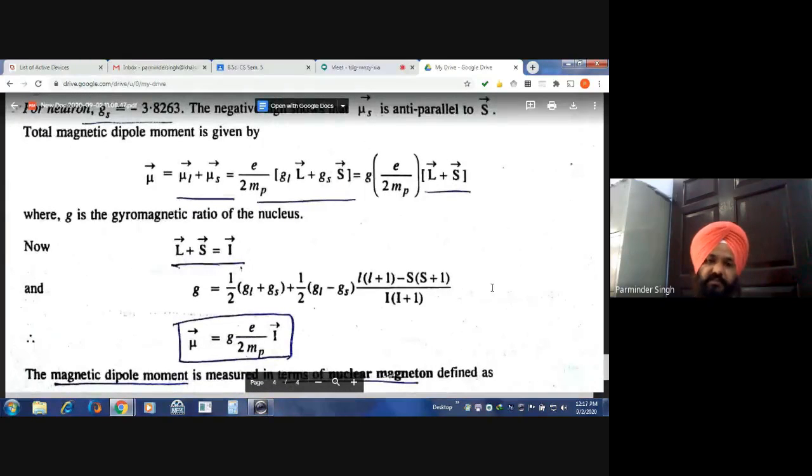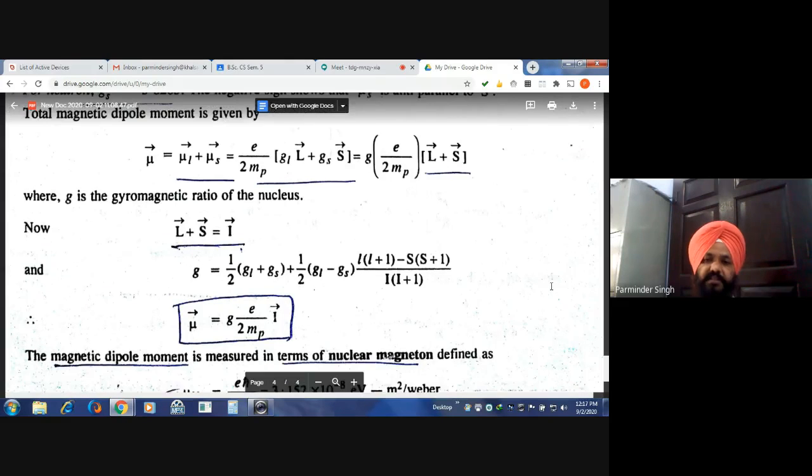That is always equal to capital I, the total angular momentum, which is the sum of the orbital angular momentum plus the sum of spin angular momentum. And G is always denoted in terms of GL and GS by this expression.